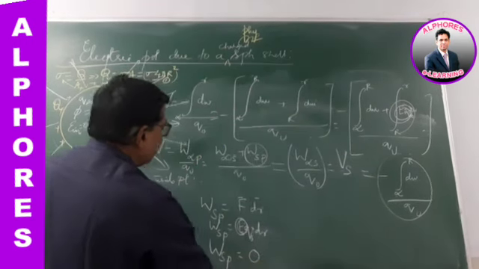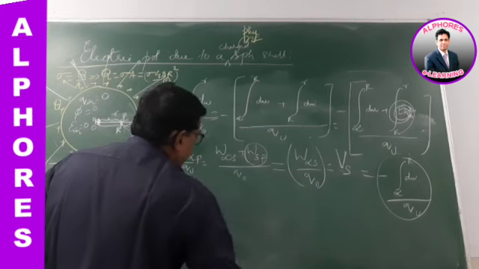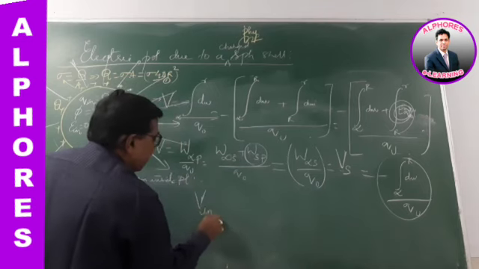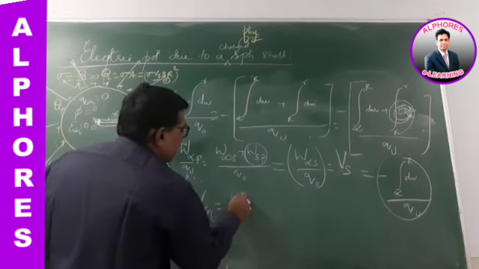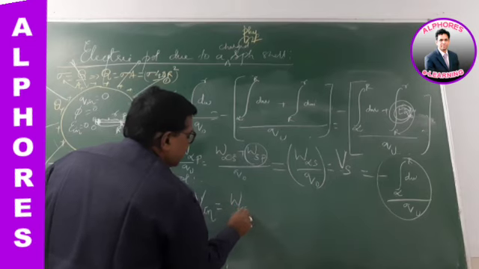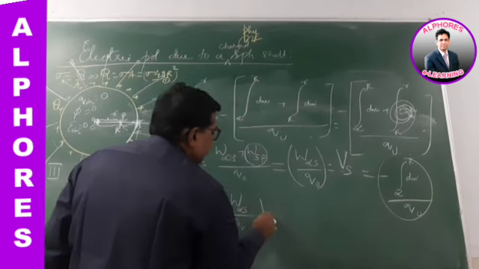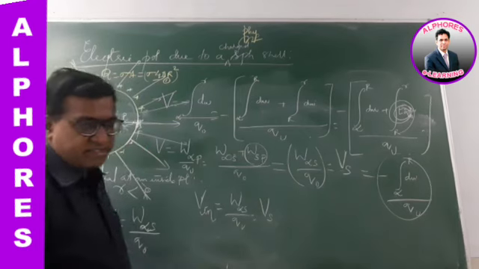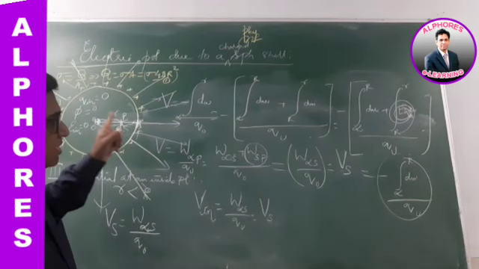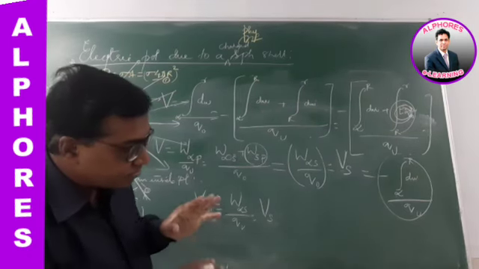So this implies the potential at any inside point is equal to the work done in moving a test charge from infinity to the surface by q naught. This is nothing but the potential on the surface. This point is to be understood carefully.